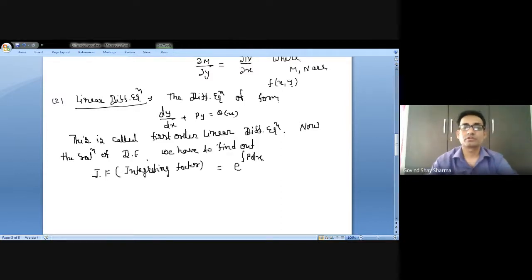Okay? Here the integrating factor is e to power integral p dx.